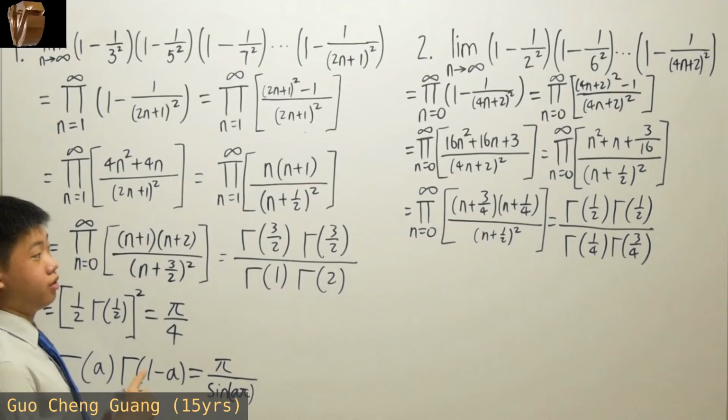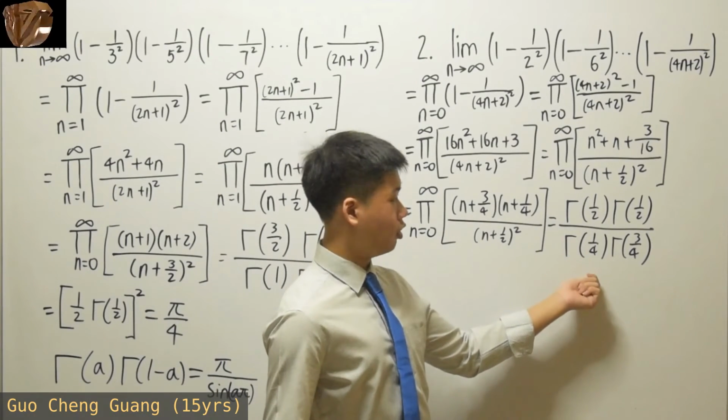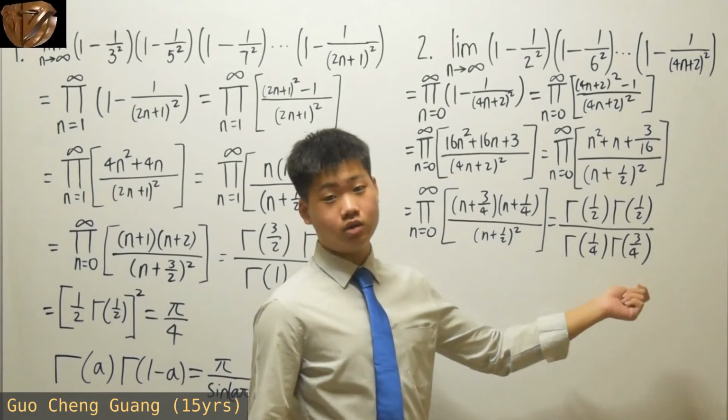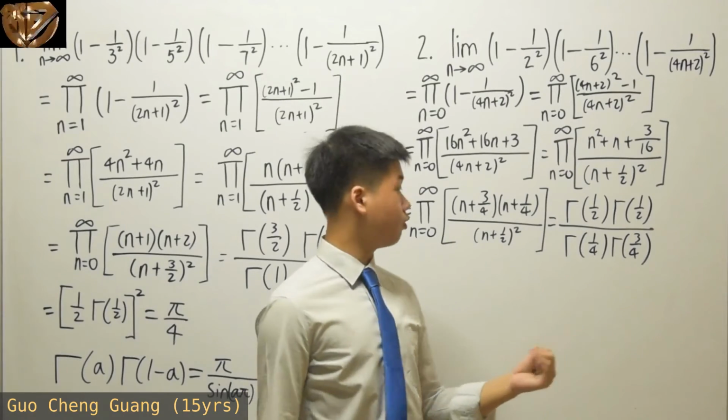In this case, you can use either 1 over 4 as A or 3 over 4 as A. Both of them work since it is just sine; in the first quadrant and second quadrant, they're all positive.